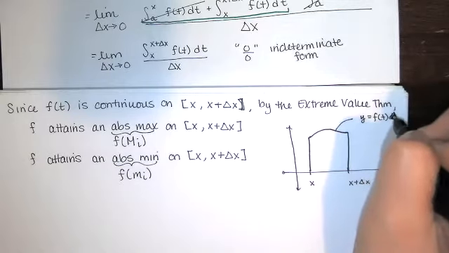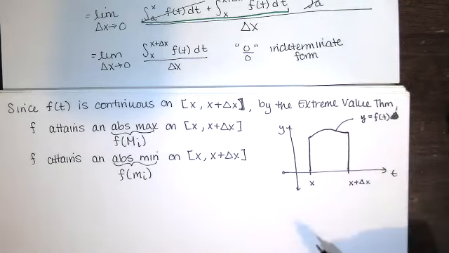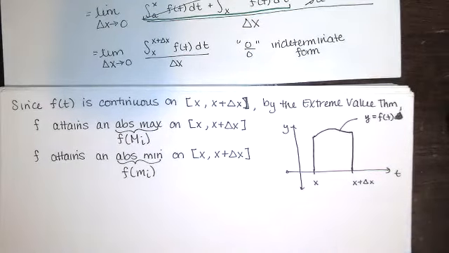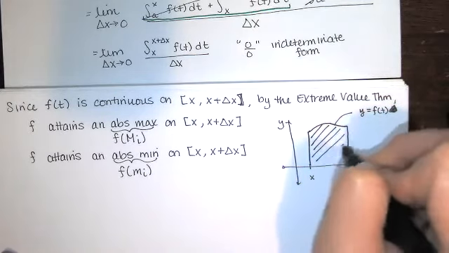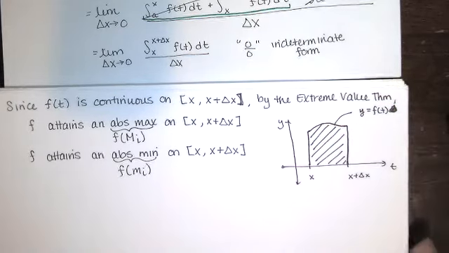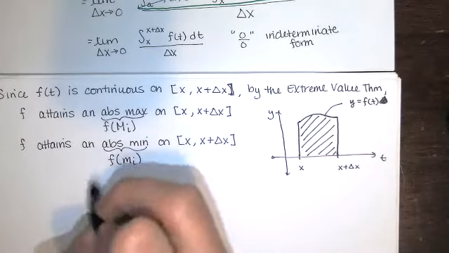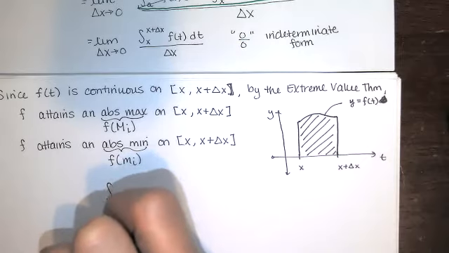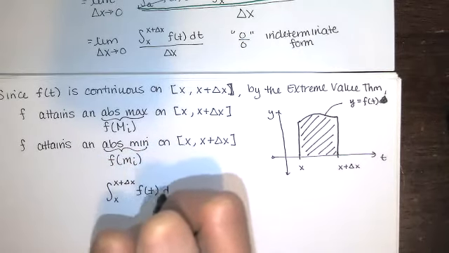So we've got y equals f of t. This is y, this is the t-axis, and t is going from x to x plus delta x. Well, the area under the curve is bounded above and below by two areas. And that area under the curve is given by the integral from x to x plus delta x of f of t dt.